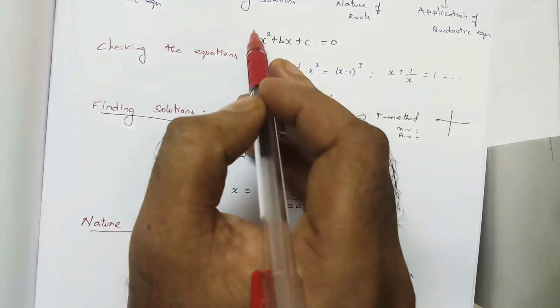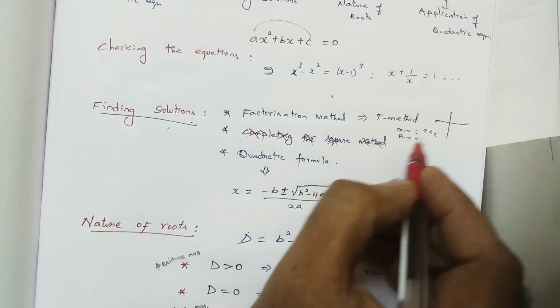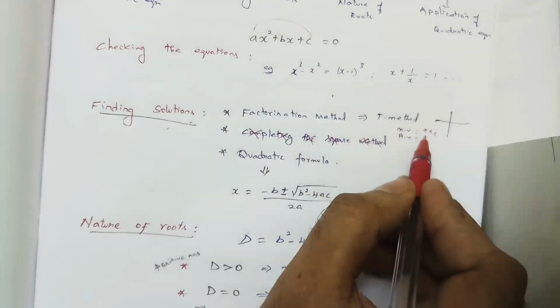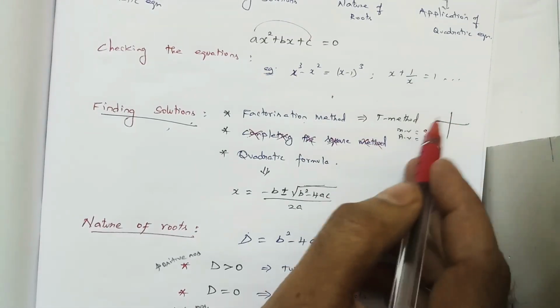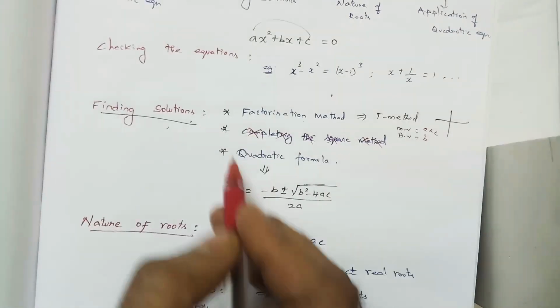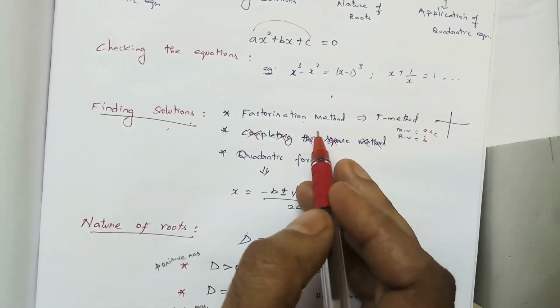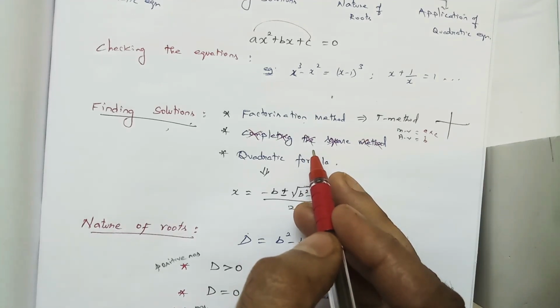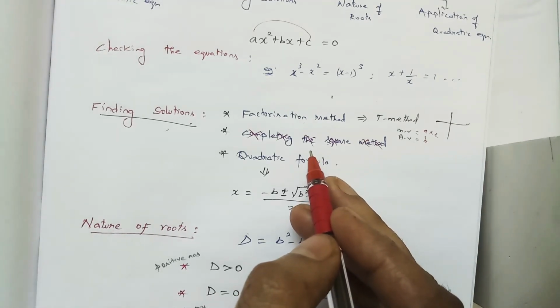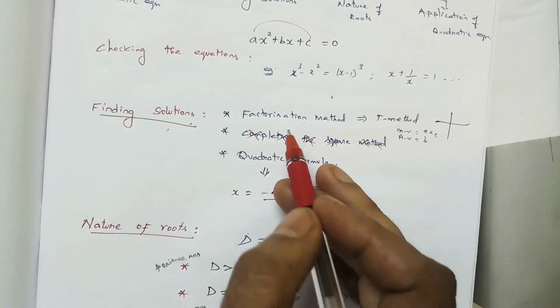Multiply value is a into c. Addition value is the coefficient of x, that is the b value. By using the T method, we can split and write in the form of factorization, and find the solutions. We have been practicing this from 9th itself, but you can still practice more on this model.